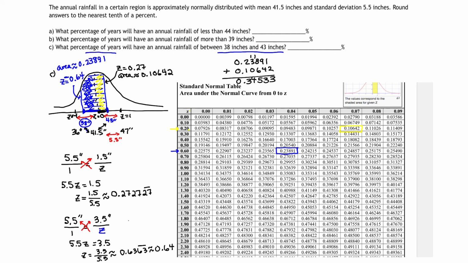That gives us a total area under the curve of approximately 0.34533. I'm looking for a percent, so I take my decimal two places to the right, and that tells me that approximately 34.5% of the years will have an annual rainfall between 38 inches and 43 inches.